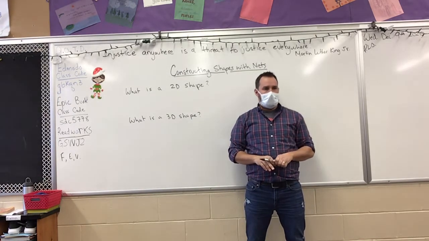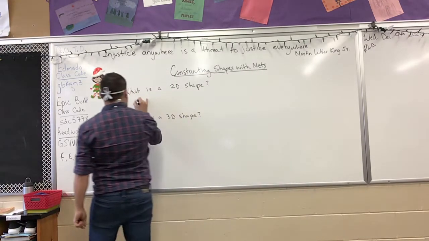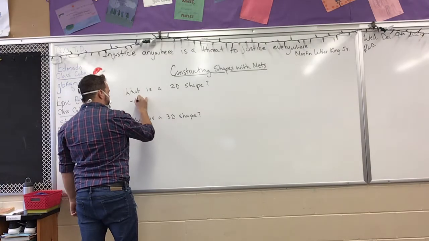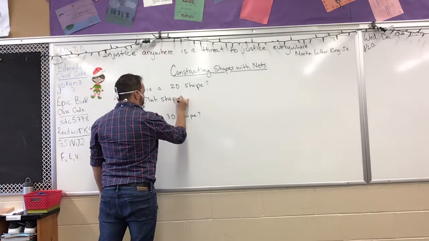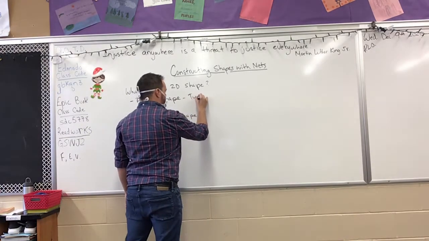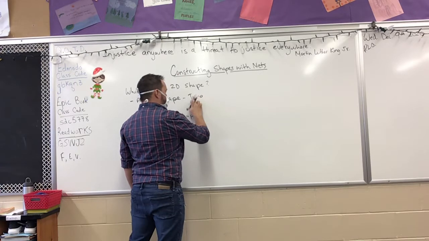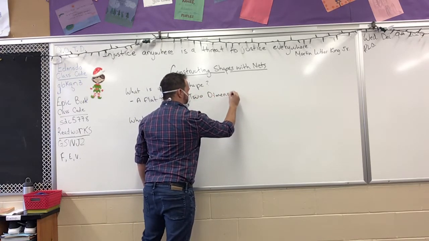A shape that is flat and has no other way to see the top of it, the bottom of it, or the back of it. We say a flat shape, and we like to say that it only has two, that's a W, terrible W, but it's a W, 2 dimensions, right?